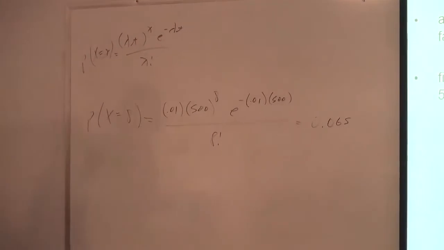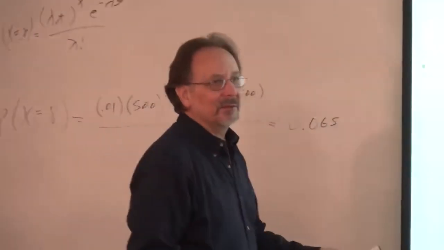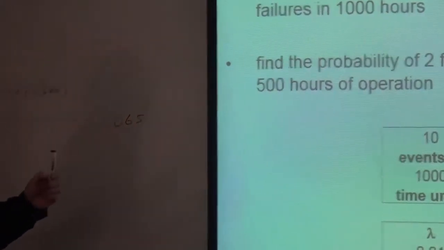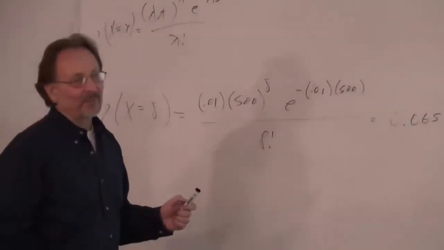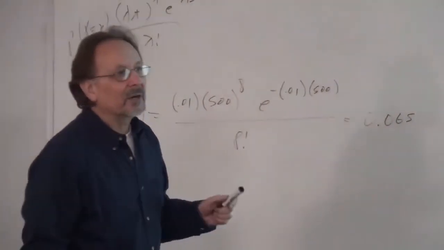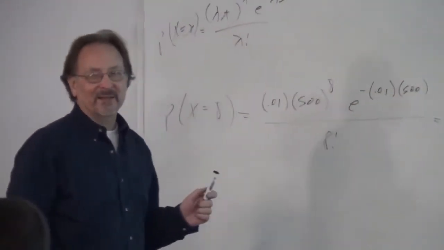So what that means is that, given that I have this lambda, if I choose to project it into the next 500 time units, what's the probability of getting 8 occurrences of this Poisson process?